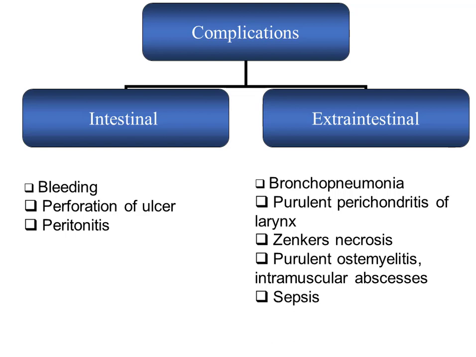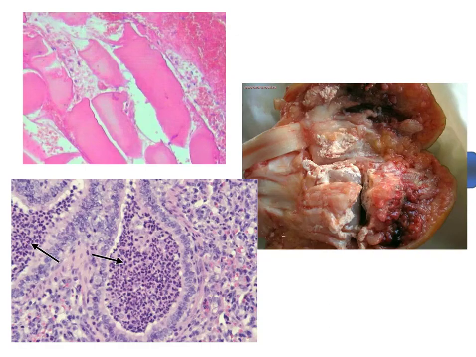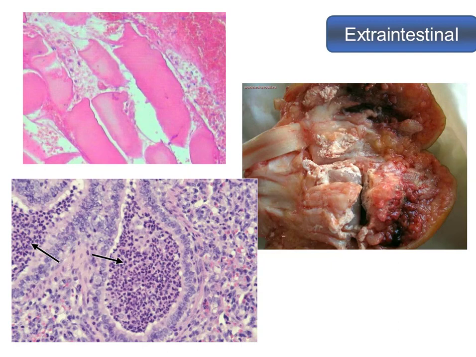Extraintestinal include toxic shock, focal pneumonia with lesions of the lower lobes, which is caused by pneumococcus, staphylococcus, and less often Salmonella typhi. Purulent perichondritis of the larynx with the development of pressure ulcers and esophageal fistula.